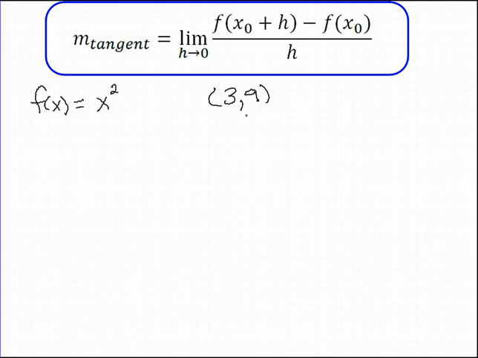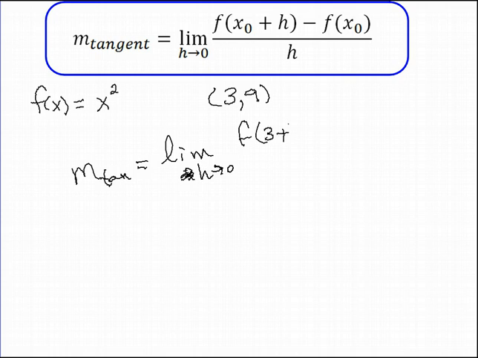If I want to find that slope, I can plug it into this limit and say that my slope of the tangent line is equal to the limit as h approaches 0 of f of 3 plus h minus f of 3 all over h.